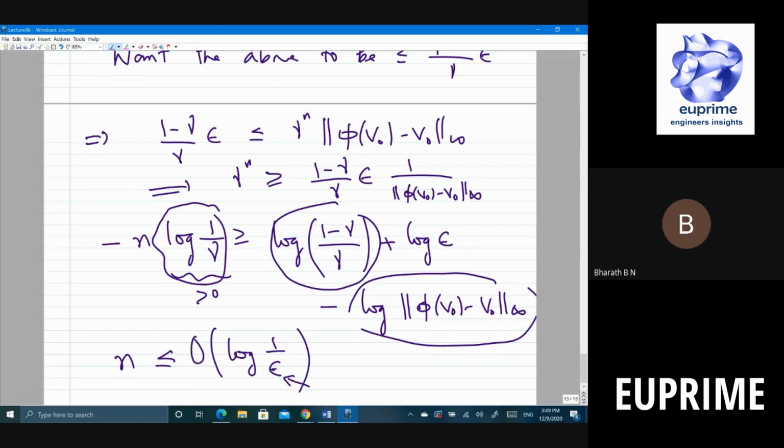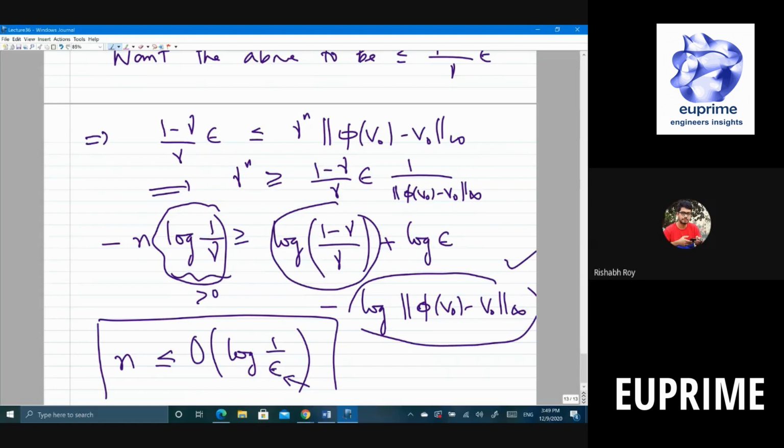So it will be of the order of log of 1 by epsilon. That means if you repeat this value iteration algorithm n number of times, where n is of order log of 1 by epsilon, the solution that you get will be epsilon close to the optimum. That's what it's saying. The exact statement is that you should find an n that satisfies this inequality. Is that fine, everyone?